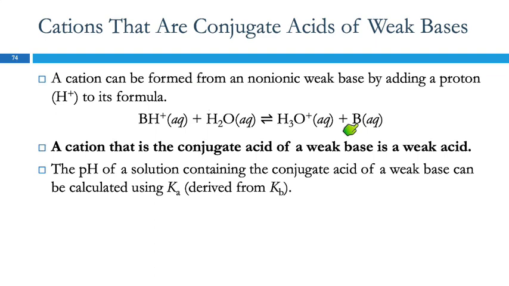If this was a strong base, this reaction wouldn't occur. So again, if we're going to calculate the pH of a solution like this, we're going to have to use Ka, which won't be given because we're looking at a weak base, and so they'll give us Kb.